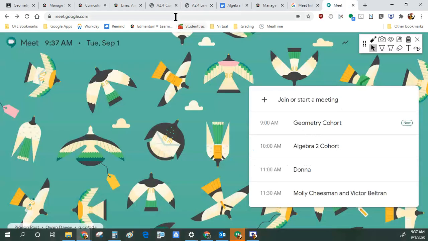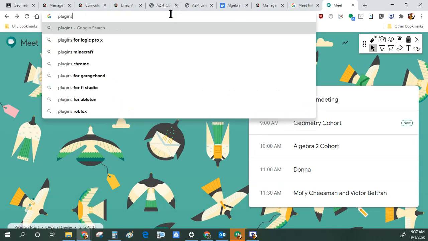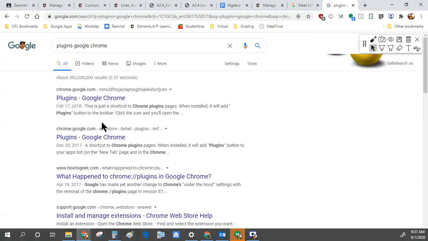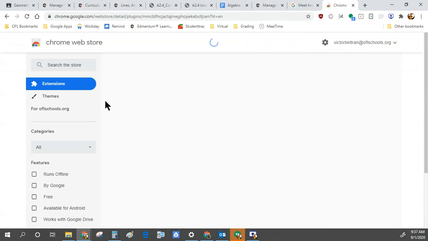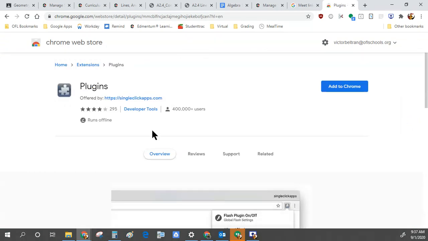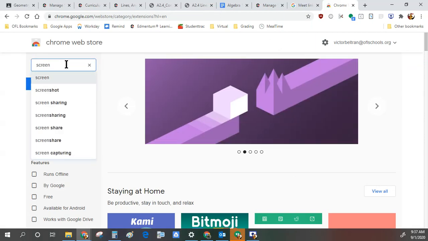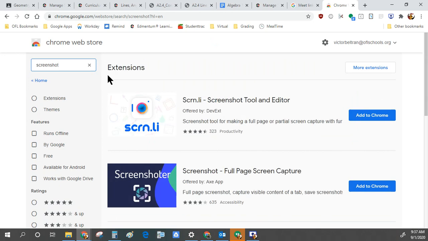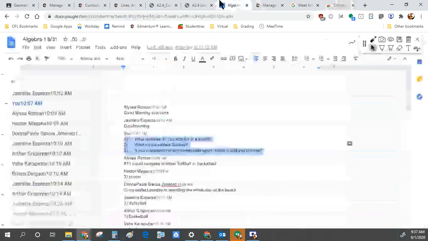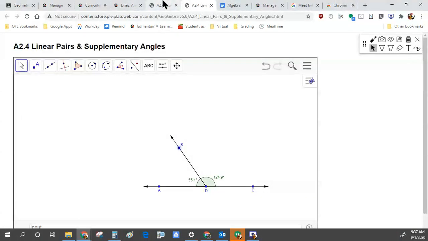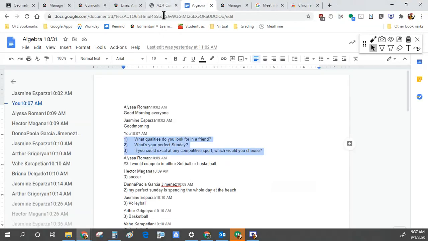If you ever need to look it up, you can go to plugins for Google Chrome. If you're using a Chromebook, you're using Google Chrome for your browser, you can go here and look for a screenshot plugin, extensions, screenshot, or you can use print screen. There's a bunch of different ways to do it. If you guys need help figuring out how to take screenshots, let me know.